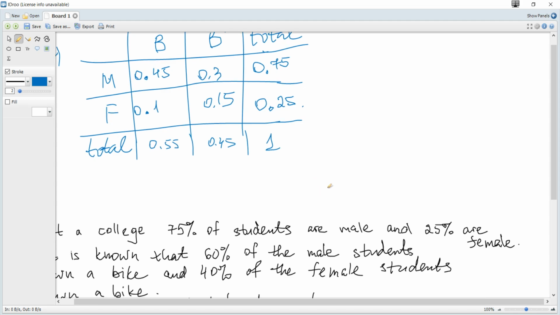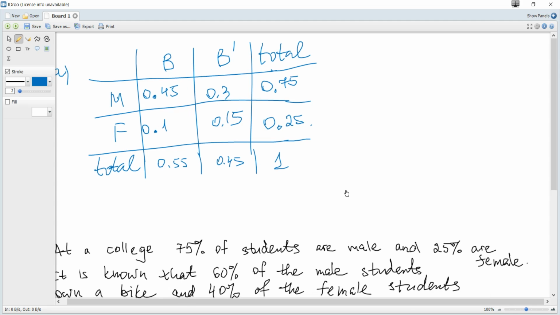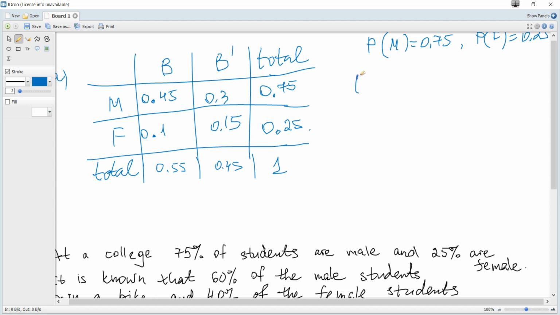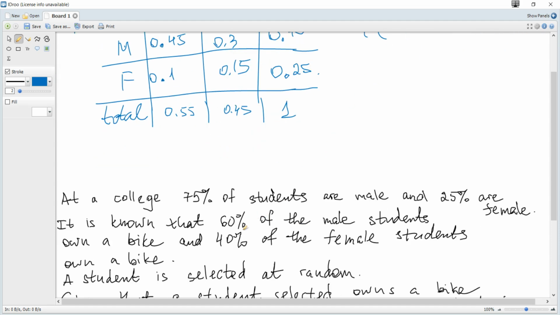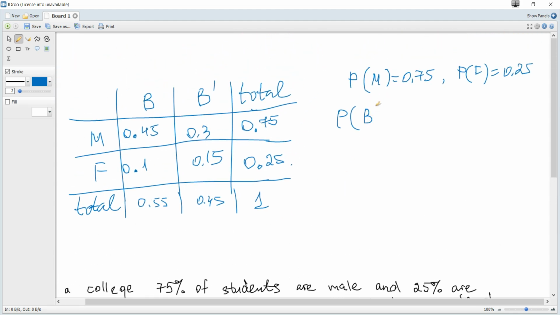Or using formulas, the given information can be rewritten as: probability of male is 0.75, probability of female is 0.25, and 60% of male students own a bike, so the probability of bike given male is 0.6.